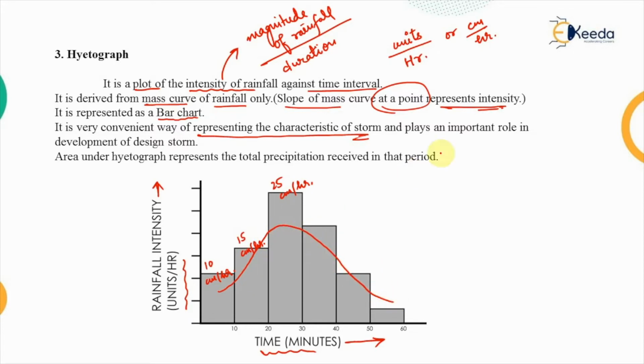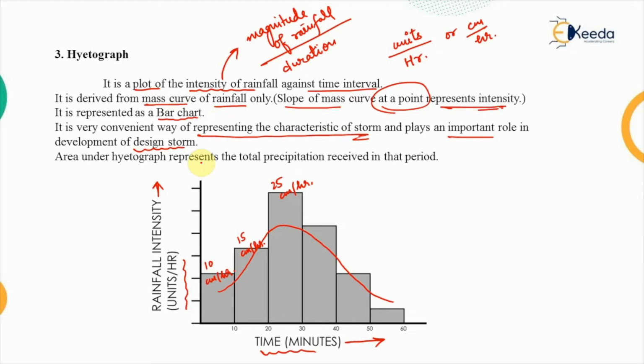That plays an important role in the development of the design storm, because every hydraulic structure is designed for a certain storm value. So if we are already aware of the rainfall data for a particular location, then we would be able to design the hydraulic structure for a storm value.